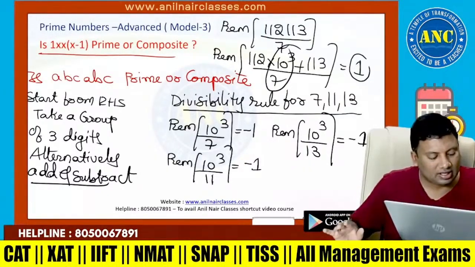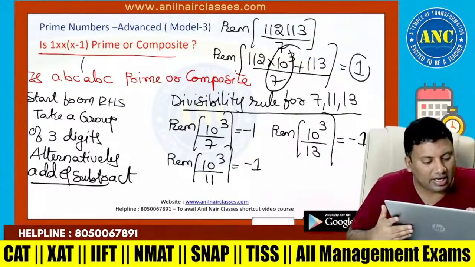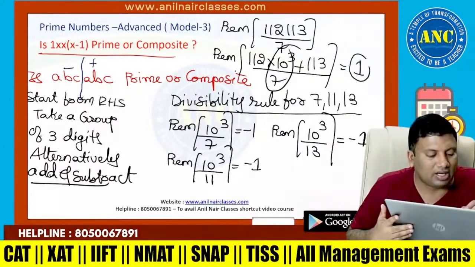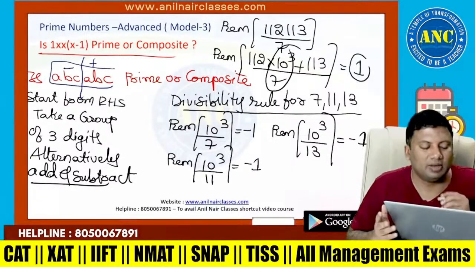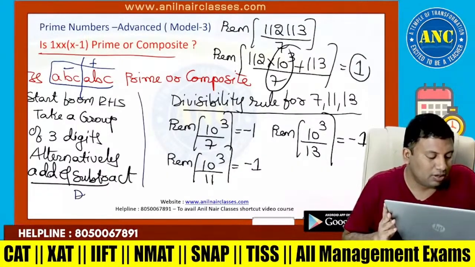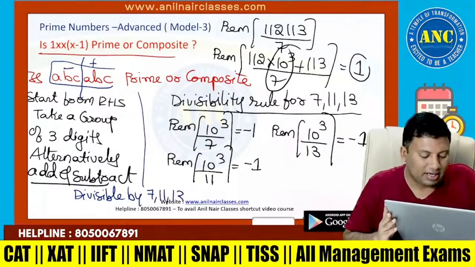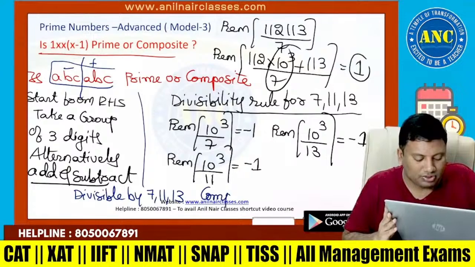Now see here. If I take a group of 3 digits, alternately add and subtract, plus minus, ABC minus ABC, it is 0. That means this number is divisible by 7, 11, 13. Right? So the answer is composite number.